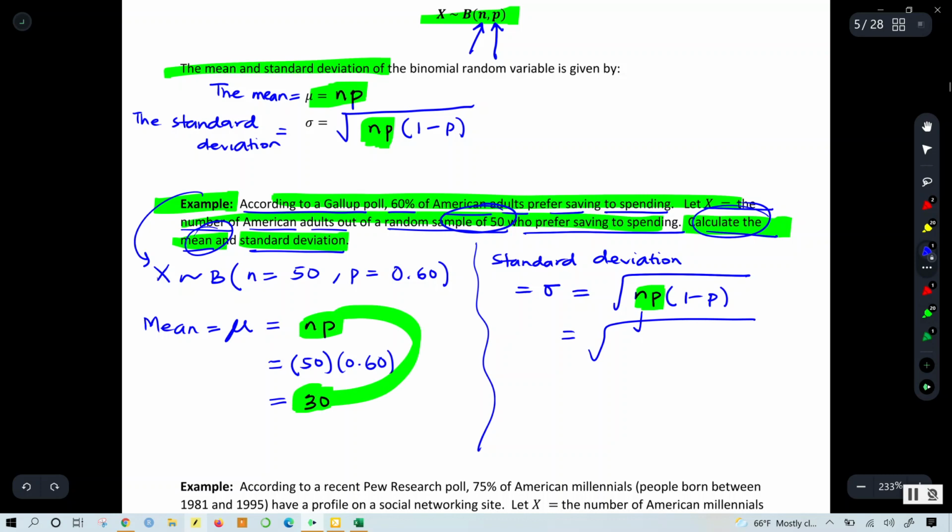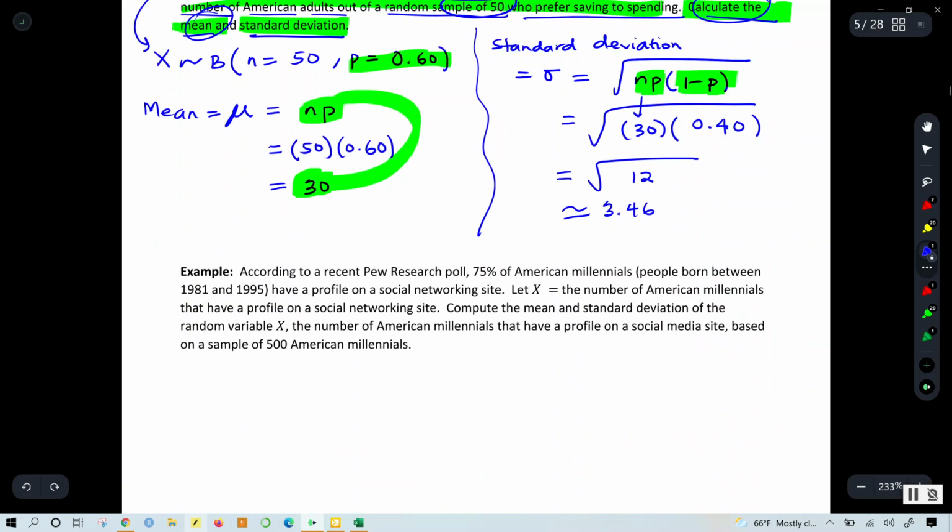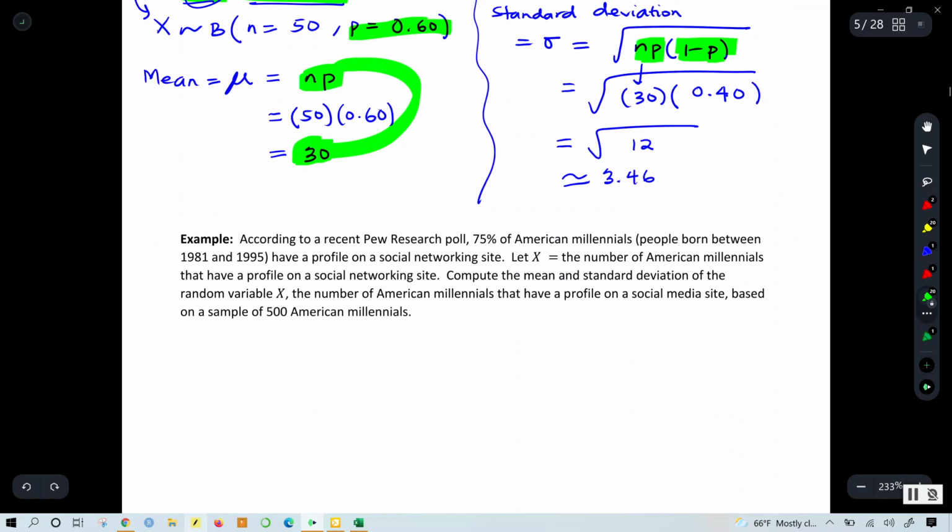So I can just substitute that. So this is 30 times 1 minus 0.60. What is 1 minus 0.60? That will be, on our calculator, 0.40. And this will be the square root of 12, which is approximately 3.46. And then we proceed to the next example.